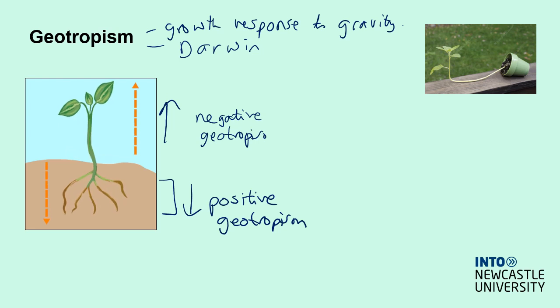So in the same plant, you have these two examples. It's quite hard to study zero gravity in plants. So one way plant biologists do this is if they keep a plant spinning, so the plant doesn't know which way is up, which way is down, where gravity is. They can study geotropism in this way.